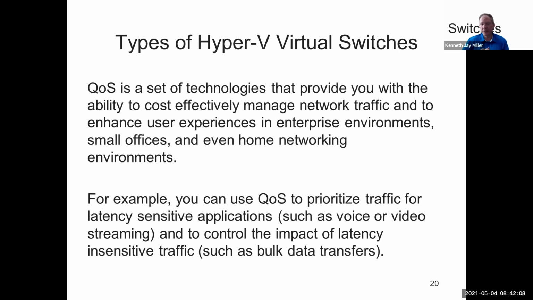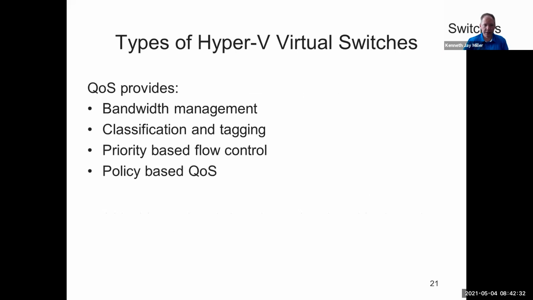For example, you can prioritize traffic for latency-sensitive applications, such as voice or video, and control the impact of latency-insensitive traffic, such as bulk data transfers. So this is where we can say, I want to make sure this doesn't slow down, and this, I don't care if it slows down. Okay, so that's what quality of service is.